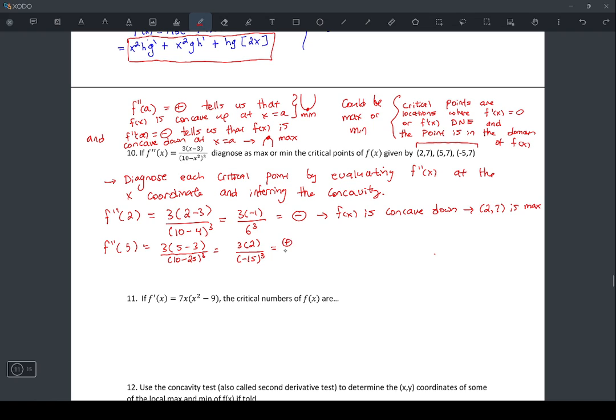That's something positive on top divided by something negative on the bottom. Negative 15 cubed means negative 15 multiplied by itself 3 times. So the first 2 multiplications give you a positive, but then the third multiplication gives you another negative. Positive over negative is negative. So concave down again. So 5 comma 7 is a max.